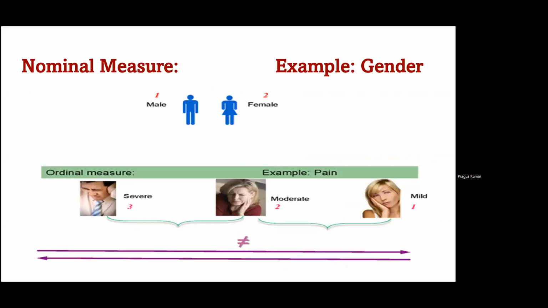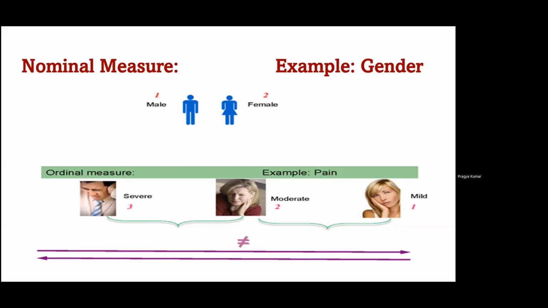So now there is something known as the nominal. Many of you must have heard this. For many of you, it is just a repetition. But for those of you who are new, or maybe many times we forget also, just a quick recap. Nominal is like gender, where the number does not matter.